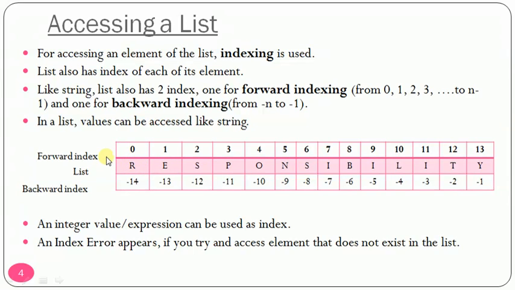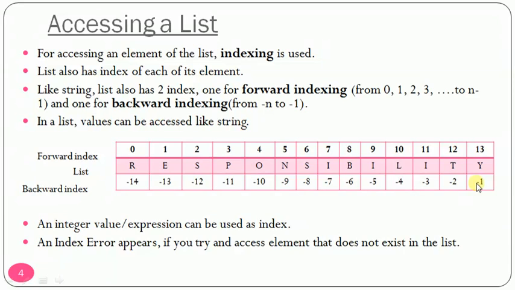So here look at the forward index, it's starting from 0 and when you look at the length of this responsibility, it will be 14. So the last index is 14 minus 1, that is 13. Now look at the backward index, it is starting from minus n. Here the size is 14, so minus 14 is the starting and the last will be minus 1.